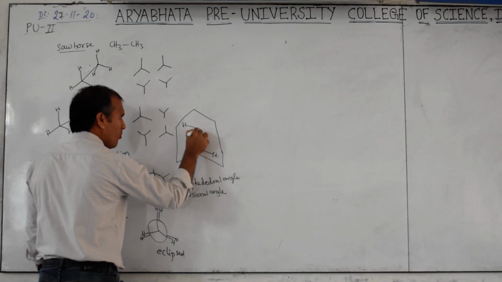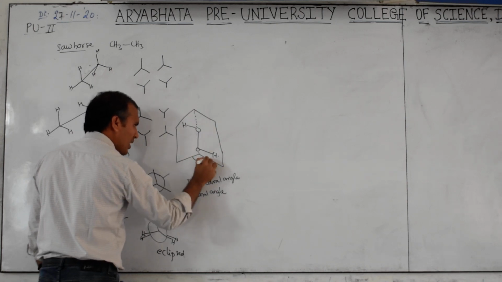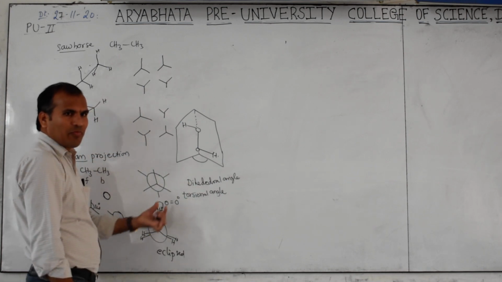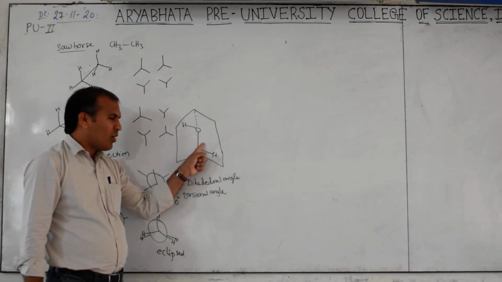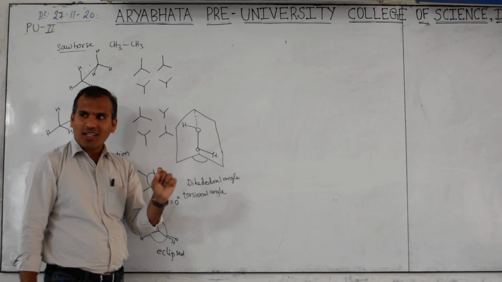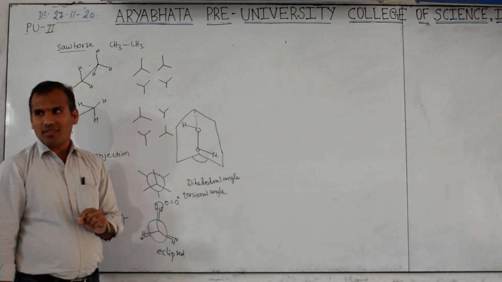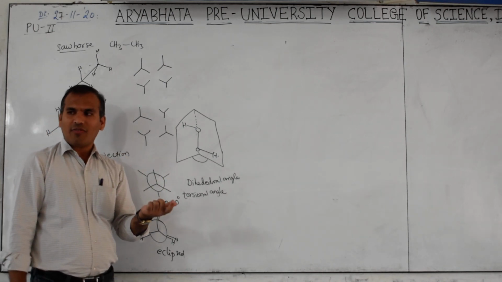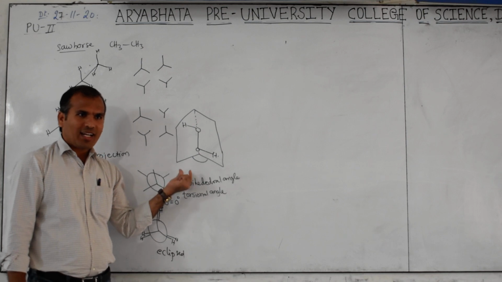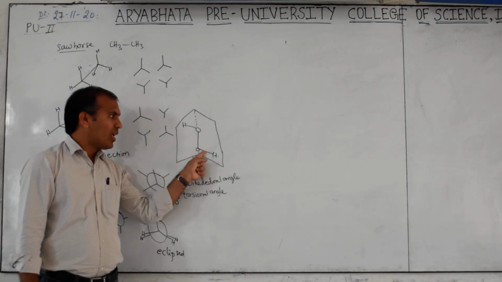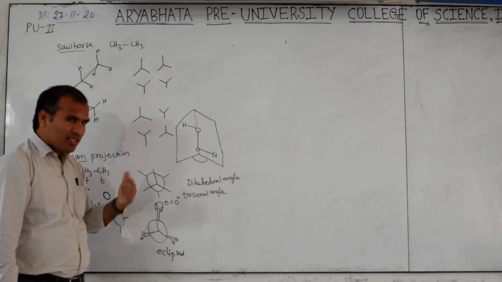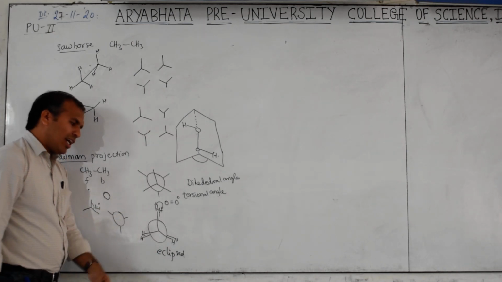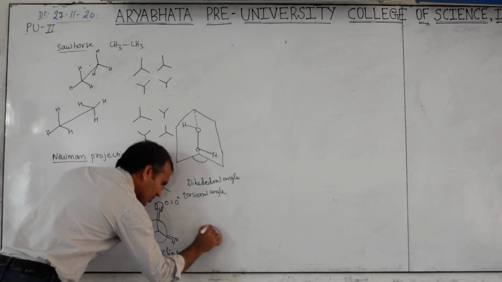Here, this angle is the dihedral angle. This angle is the bond angle. So don't confuse that. Once again, refer to your first year textbook. In that, the dihedral angle is given, and the bond angle is given. Okay, that is three dimensional.